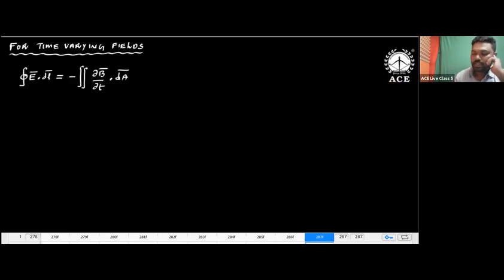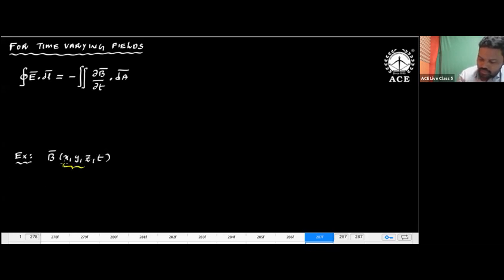What is the meaning of partial differentiation, beta? When you are differentiating with respect to one variable, other variables are treated as constant. For example, B of x, y, z, time.